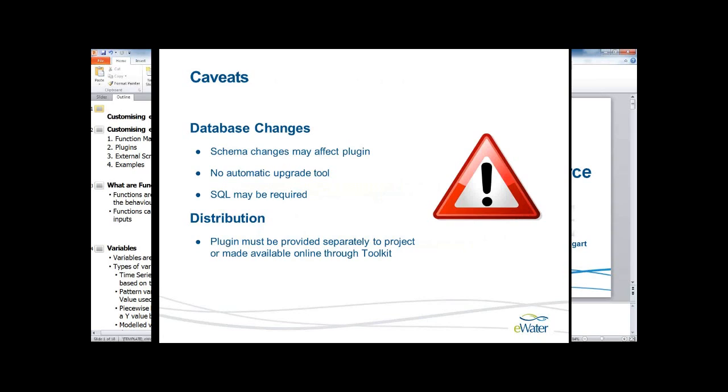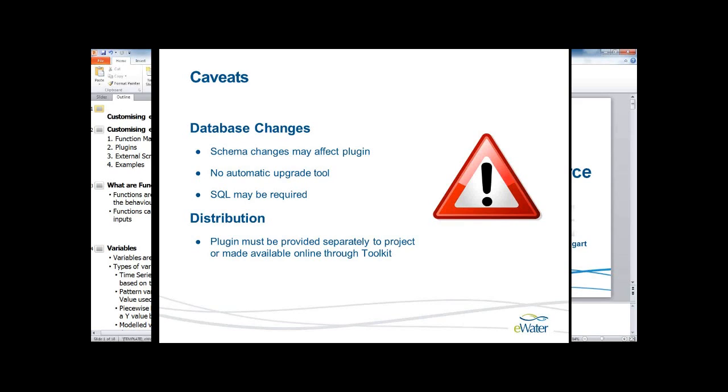So there are some caveats. When the database changes, you may need to write some SQL in order to upgrade your database when we make core changes to the model. And plugins must be provided separately to the project. So plugins aren't stored in the rsproj file, and they need to be upgraded.